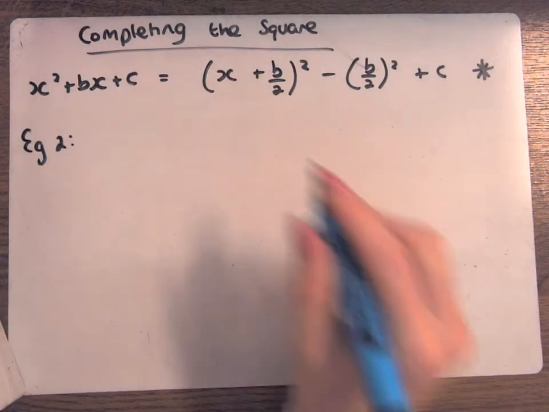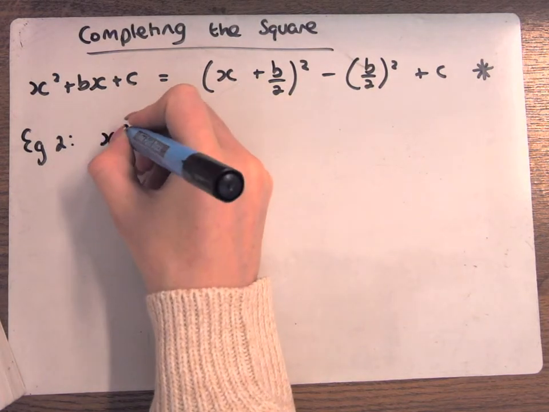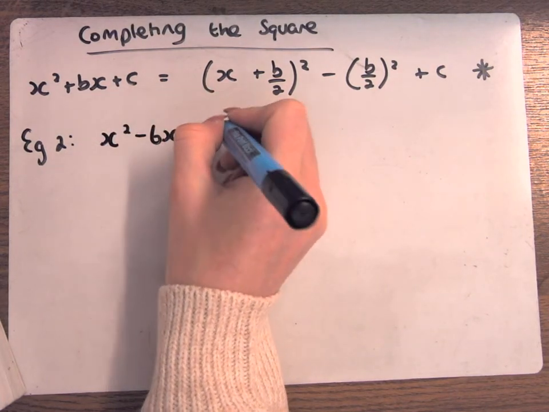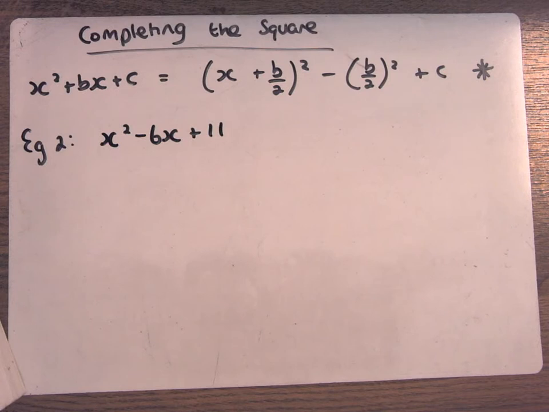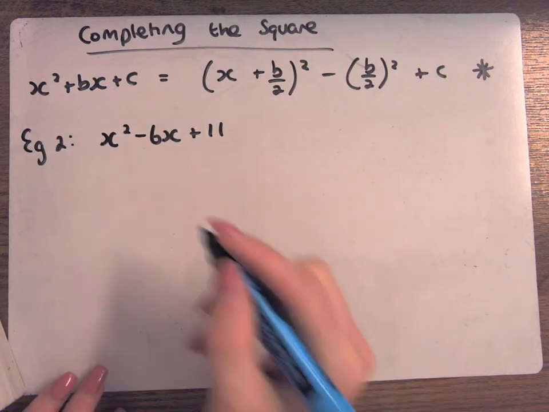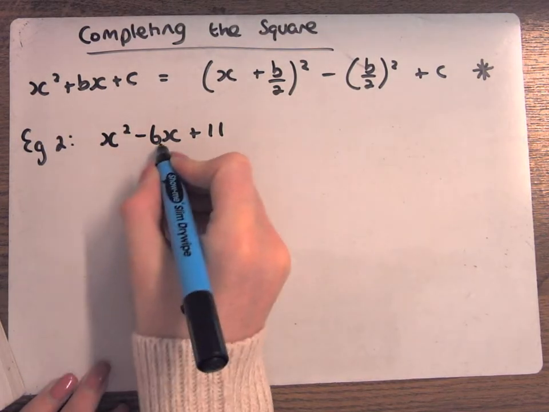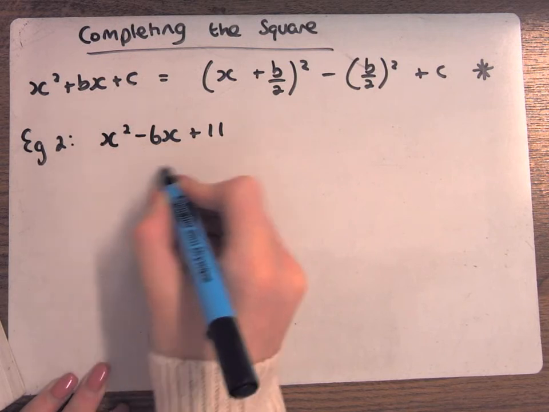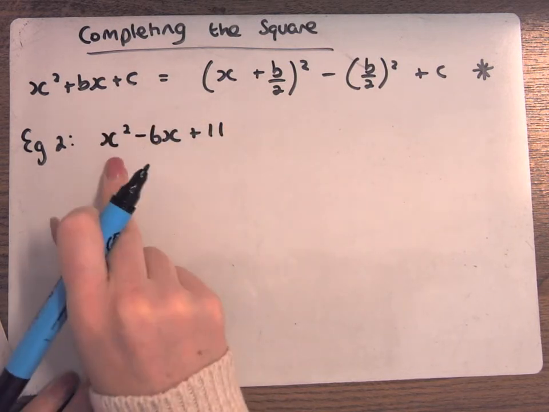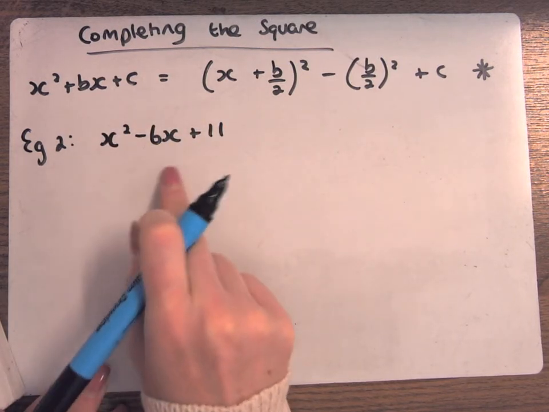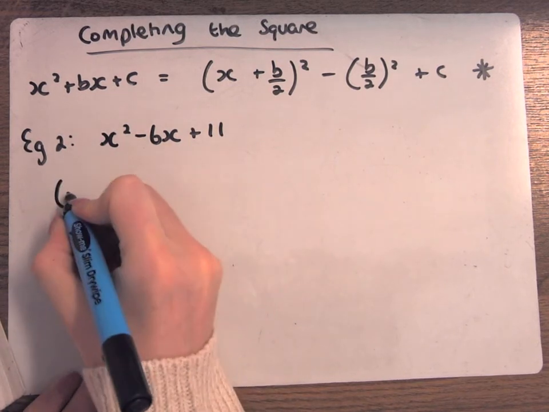Okay, so x squared minus 6x plus 11. So let's do it the non-formula way, because I think that's the harder one to understand. Okay? So I want to make a perfect square out of these two. So I know that's square the first, and that's the product of the two multiplied by 2.